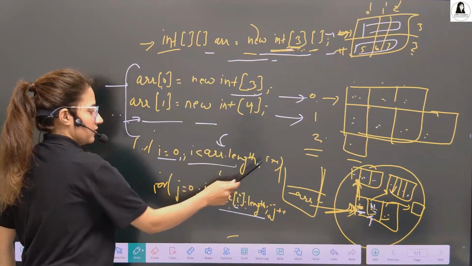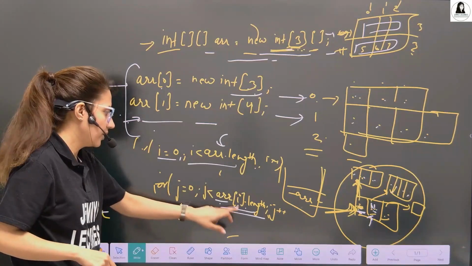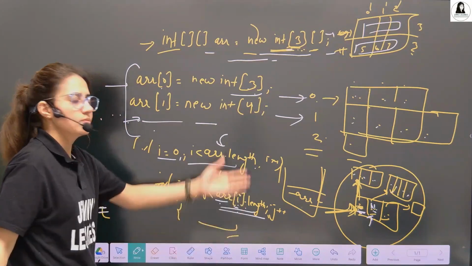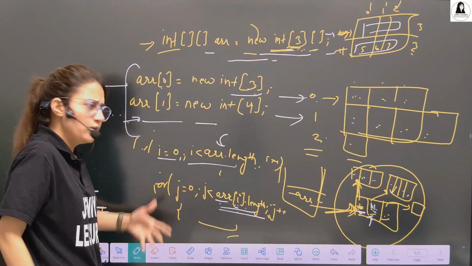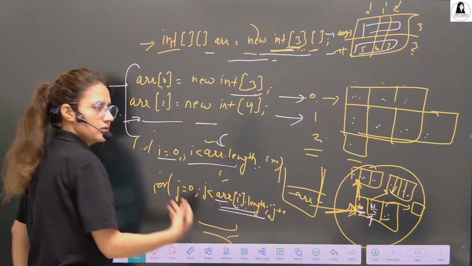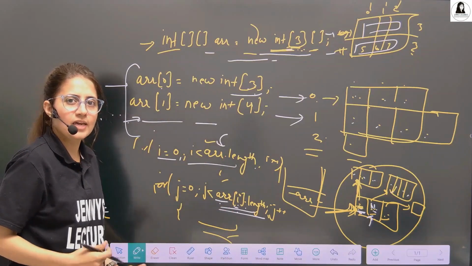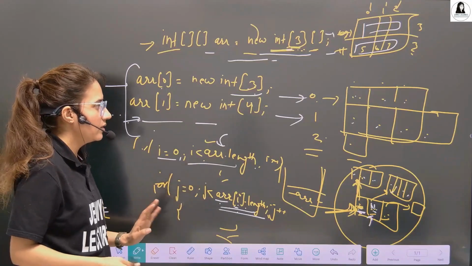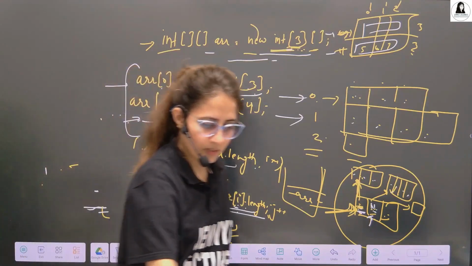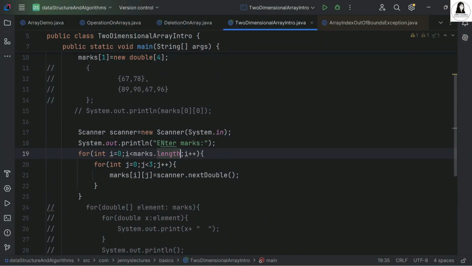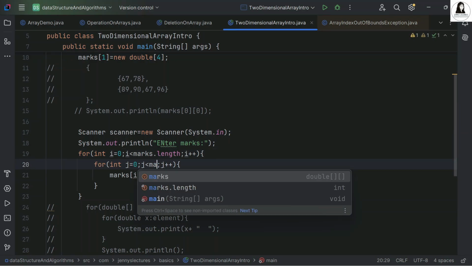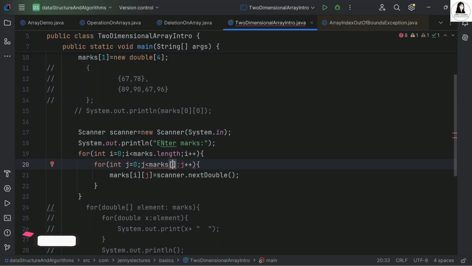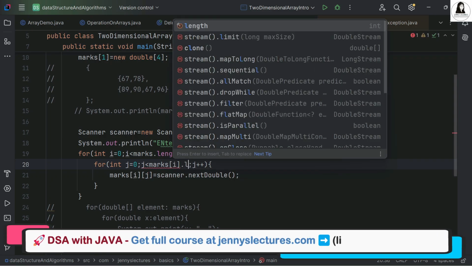At first, just write down this. Second, inner loop, write down this condition and then enter the value. Or if you want to traverse, then also condition would be same and just print. While entering, just take the value. That's it. I hope you got these conditions, right? Let me show you practically. So it's marks dot length and inner loop will run till marks of I, then dot length.